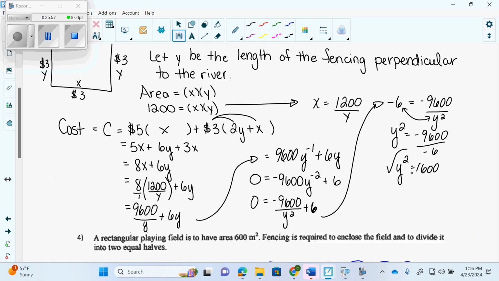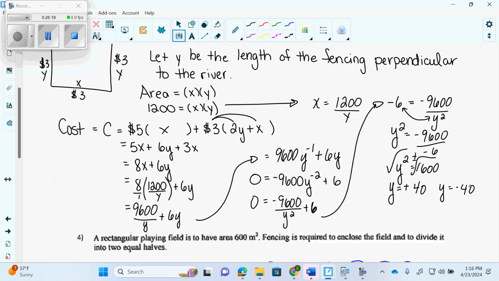Square root, plus or minus. So y equals positive and negative what? 1,600, taking the square root of it. You said 400, then 40, then 4.